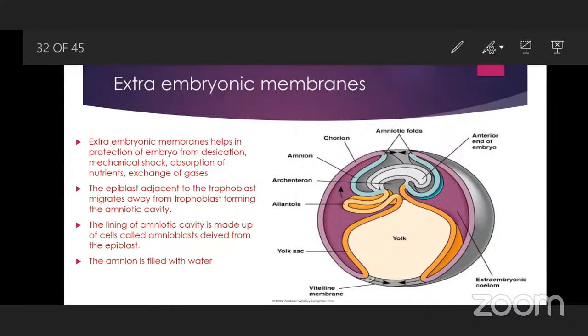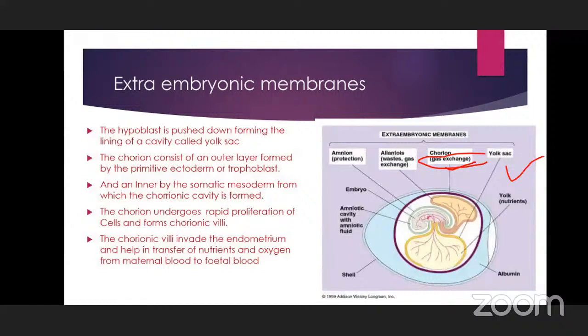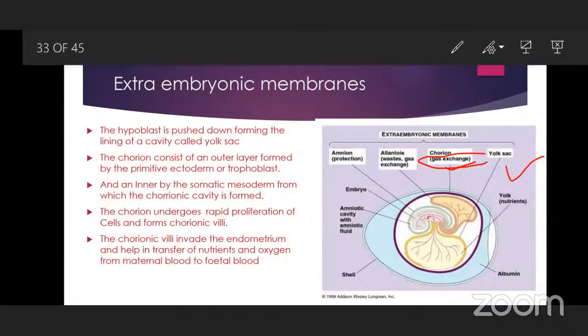The next structure, the hypoblast, is pushed down, forming the lining of the cavity called the yolk sac. In the bilaminar disc we have seen that the hypoblast cells are moving down by the process of ingression, and they are lining the cavity of the yolk sac. So the cavity of the yolk sac is formed by the hypoblast cells.